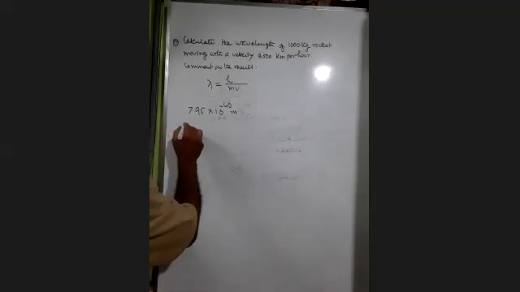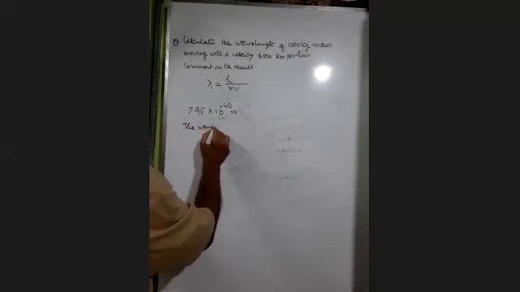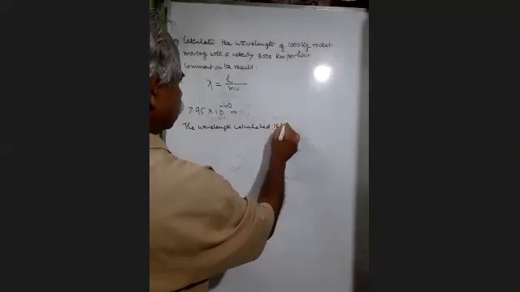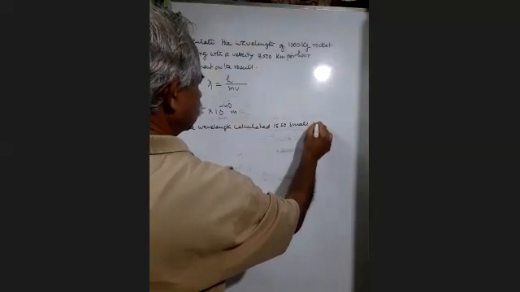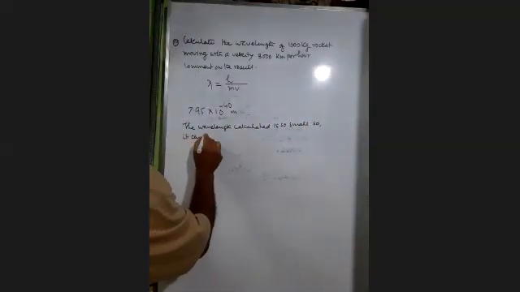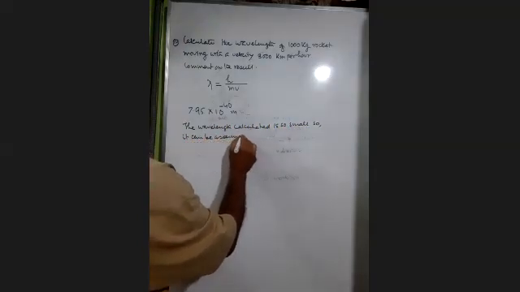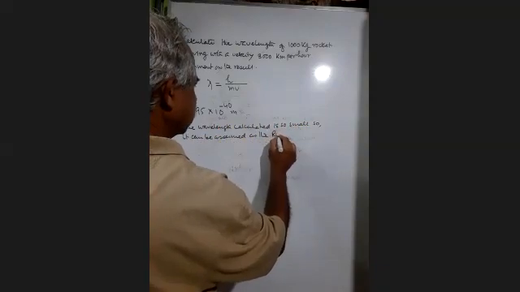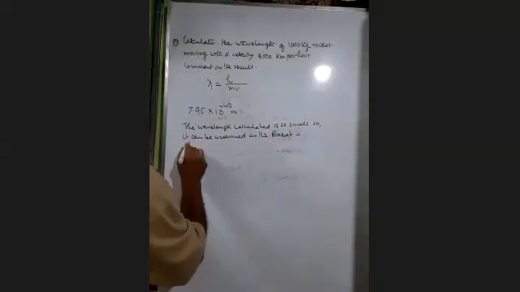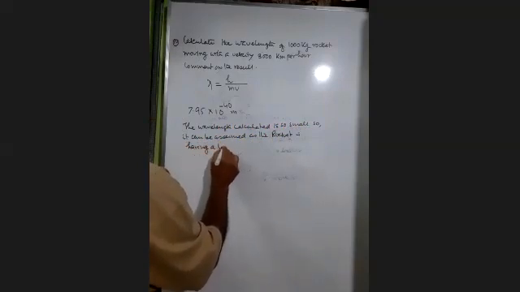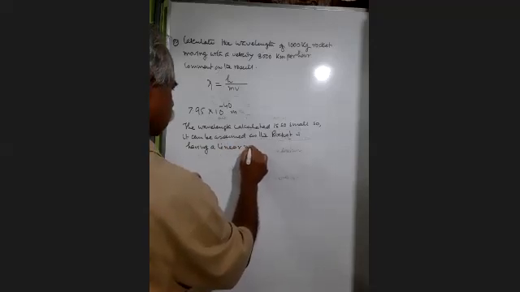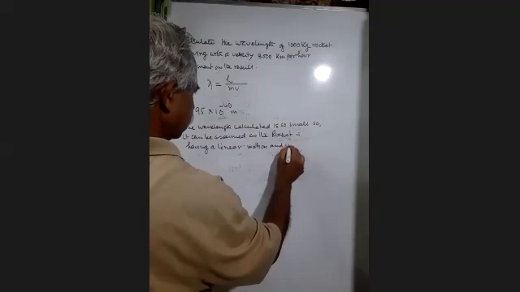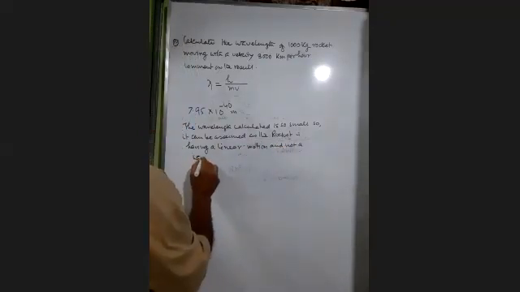So we'll write now here: the wavelength calculated is so small, so it can be assumed that the rocket is having a linear motion and not a wave.